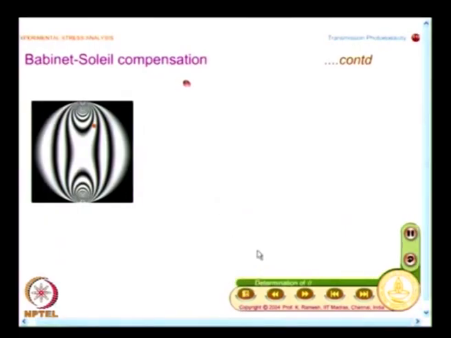And how do we go about it? See, I have kept the same point for which we found out the fringe order by plotting a graph earlier, and we will find out the fringe order for this point by using Babinet's-Soleil compensator.